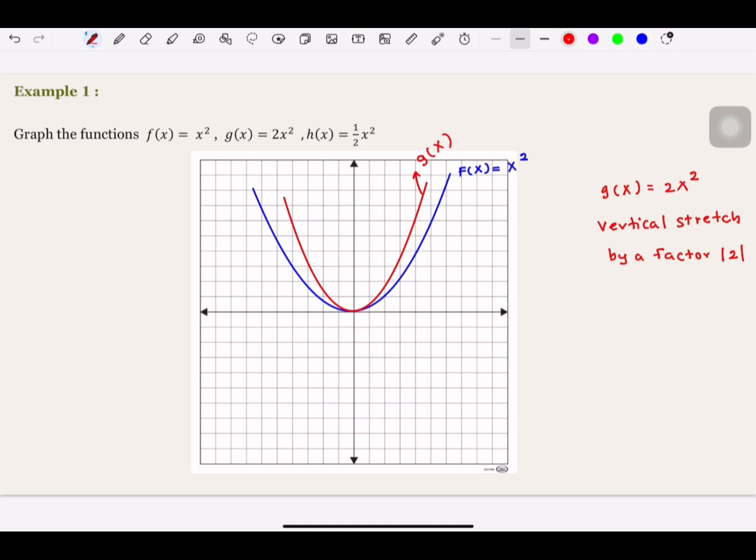Now let's take a look at the third function, h of x. h of x is half multiplied by x squared. Again, you have multiplied the parent function by a factor of half. Half is between 0 and 1, which means this is a vertical compression.